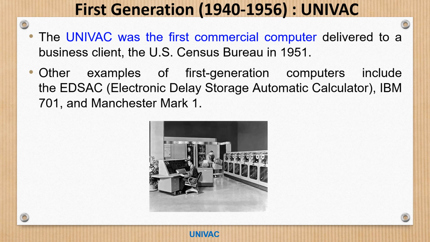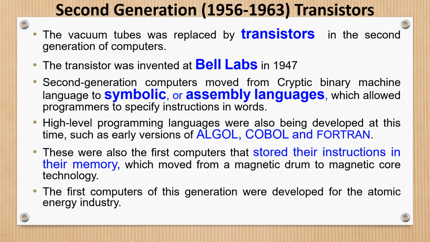The UNIVAC was the first commercial computer, used by the US Census Bureau in 1951. And other examples of such first generation computers are the EDSAC, IBM 701, and Manchester Mark 1. These are the most popular first generation computers. You can see the size of the UNIVAC is also large.